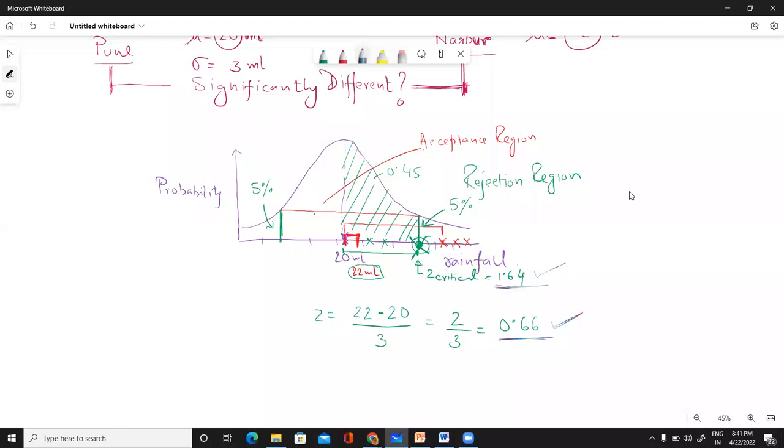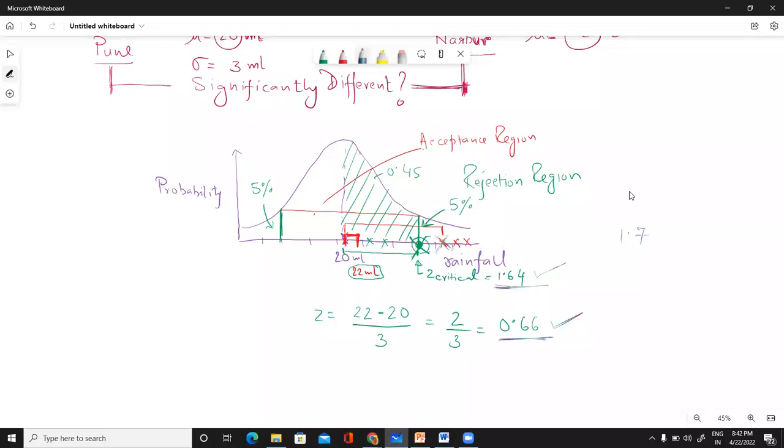If the Z value of the new value of the variable was greater than the Z critical value, if say it was 1.7, then we would have said that this new value is definitely in the rejection region somewhere here.